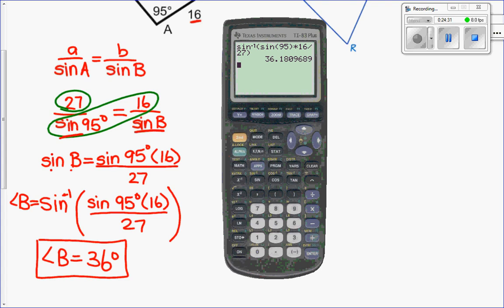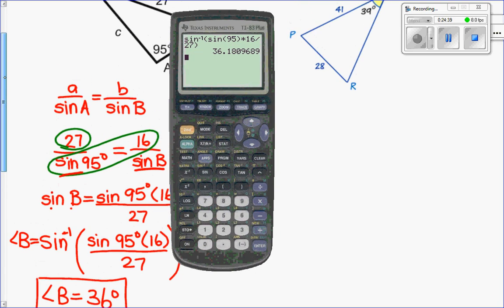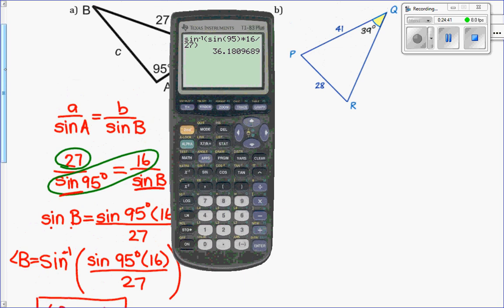Not too hard, pretty straightforward. Let's try the next one, and it's very similar to this one. We've got triangle PQR this time, and we're going to start obviously with Q, and side Q is across from it, so that's the information we have.